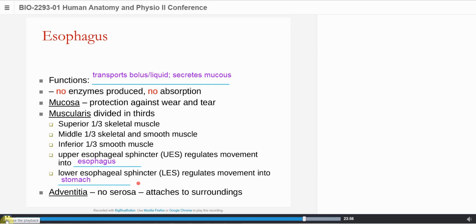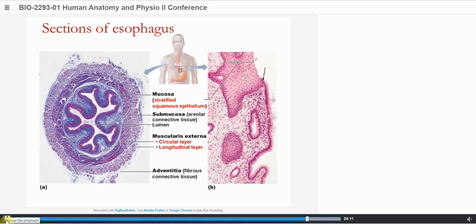The sphincter is a circularly arranged set of muscles that control movement from one place to another. In this case, from the oropharynx to the esophagus, or the esophagus into the stomach. And recall, there's no serosa, there's just adventitia.